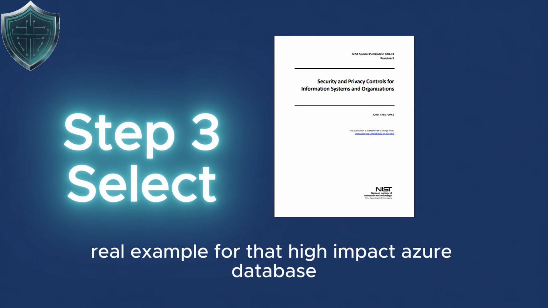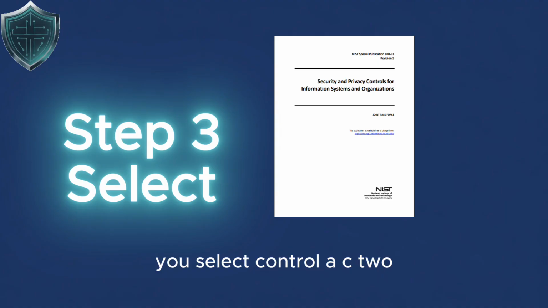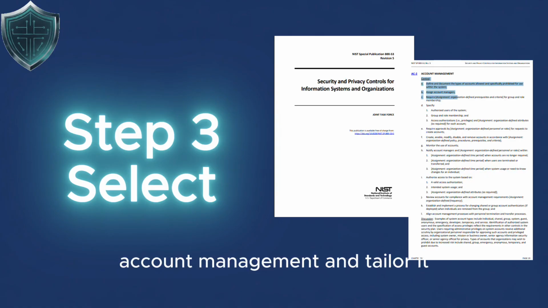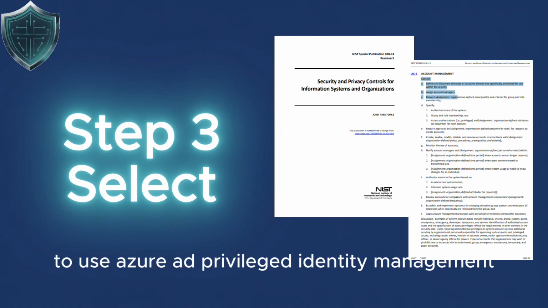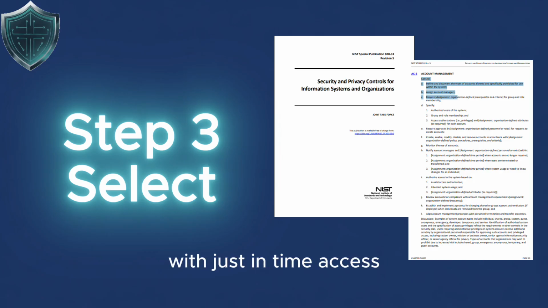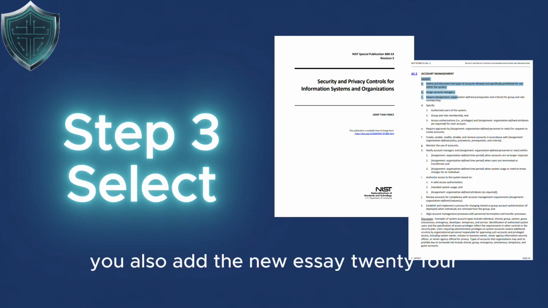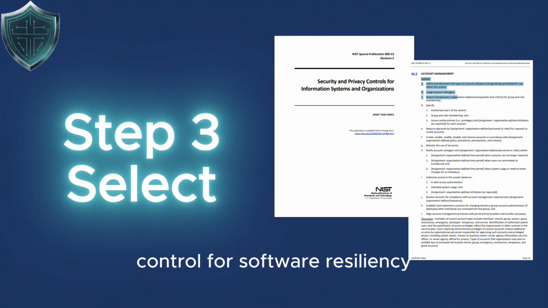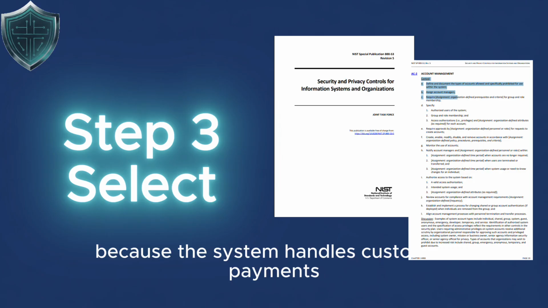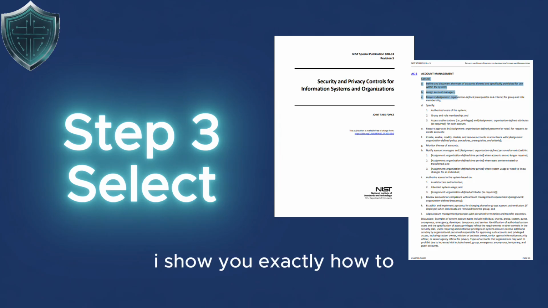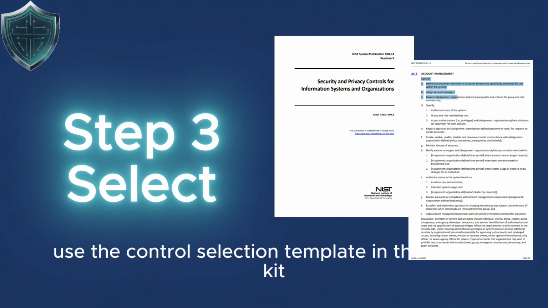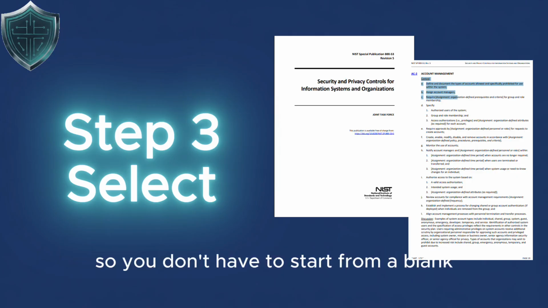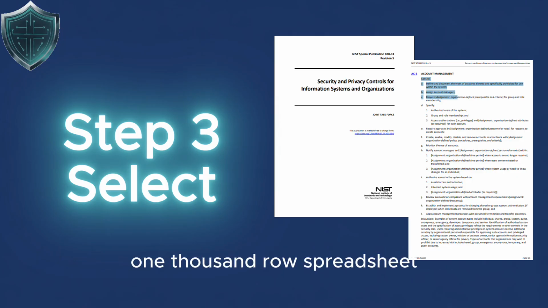Real example, for that high-impact Azure database, you select Control AC-2, Account Management, and tailor it to use Azure AD Privileged Identity Management with just-in-time access. You also add the new SA-24 control for software resiliency, because the system handles customer payments. I show you exactly how to use the control selection template in the starter kit, so you don't have to start from a blank 1,000-row spreadsheet.